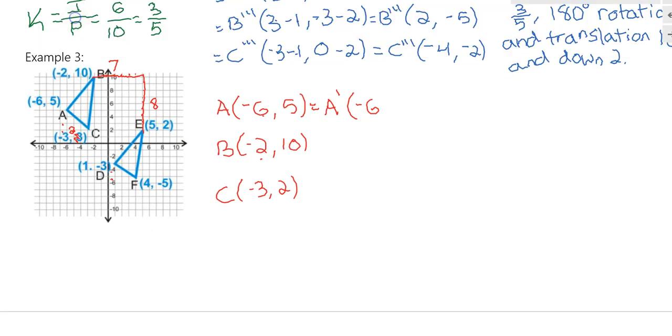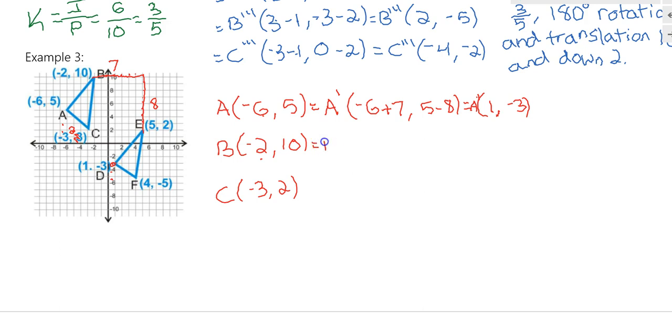So negative 6 plus 7, and then it's down, so it's negative. So 5 minus 8. Negative 6 plus 7 is 1. 5 minus 8 is negative 3. So that works, right? 1, negative 3, it's right there.